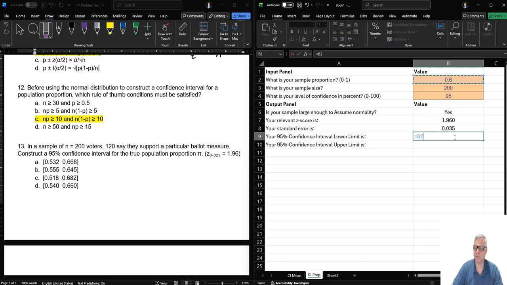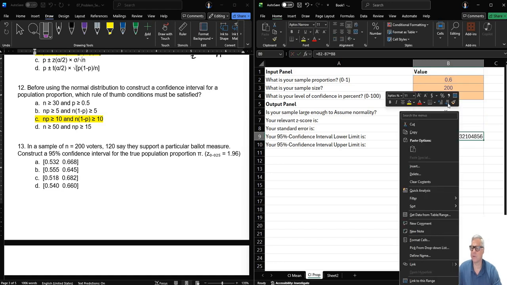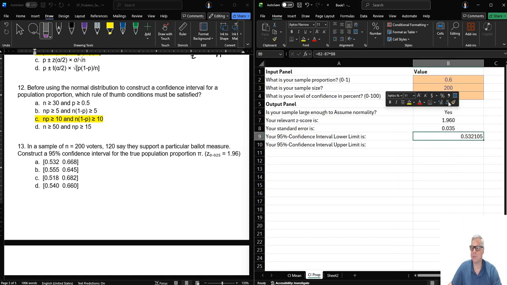Okay, but now we are done, and we can calculate the lower limit, which is equal to the sample proportion of 0.6 minus the relevant z-score times the standard error. So let's remove some decimal points. We don't have to put it in yellow, but center.